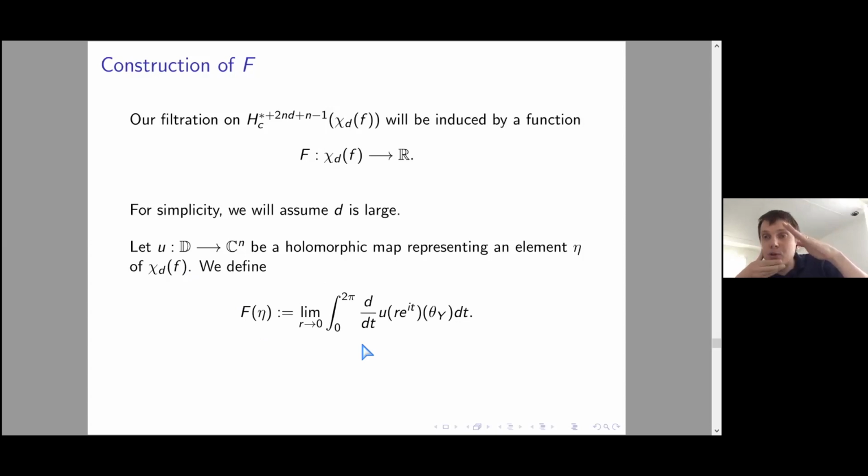And then by the removable singularity theorem, I can lift it up to the resolution Y. And then I can take theta, which is the one form, and integrate theta over the boundary of this disk, and then take some limit as the disk gets smaller and smaller. This really only makes sense if D is very large. Otherwise, it doesn't really make sense. So in your mind, you should think just little disks, and you're integrating theta over the boundary of this disk.